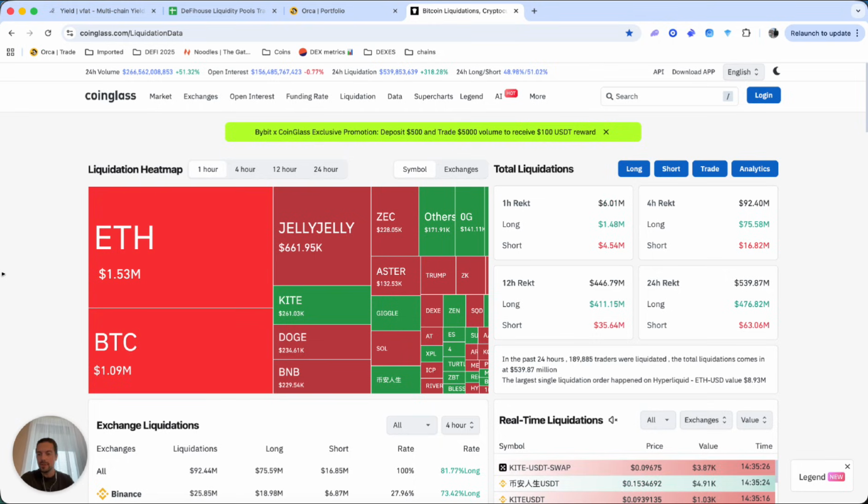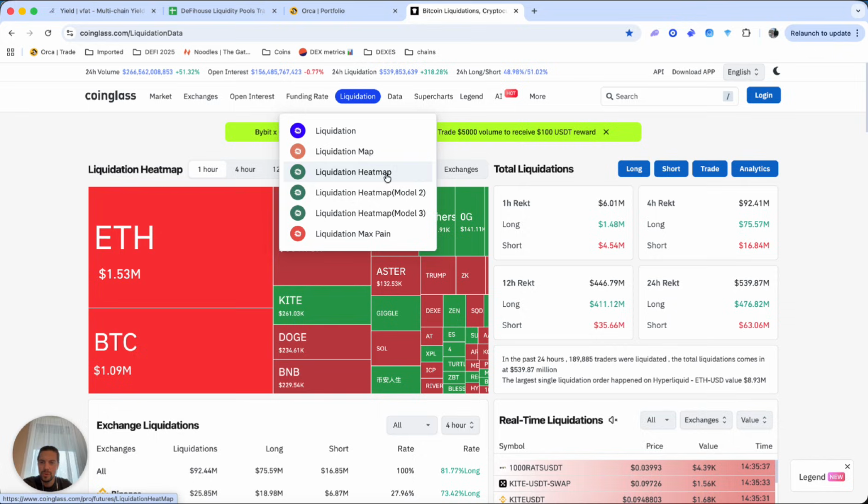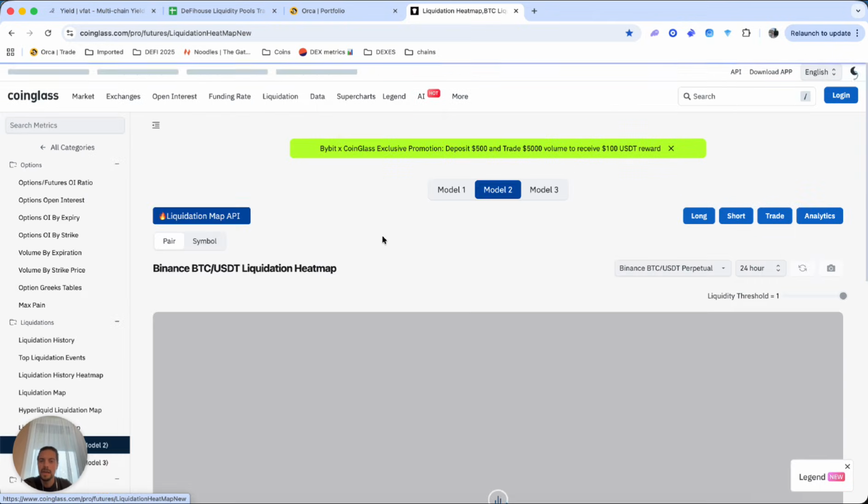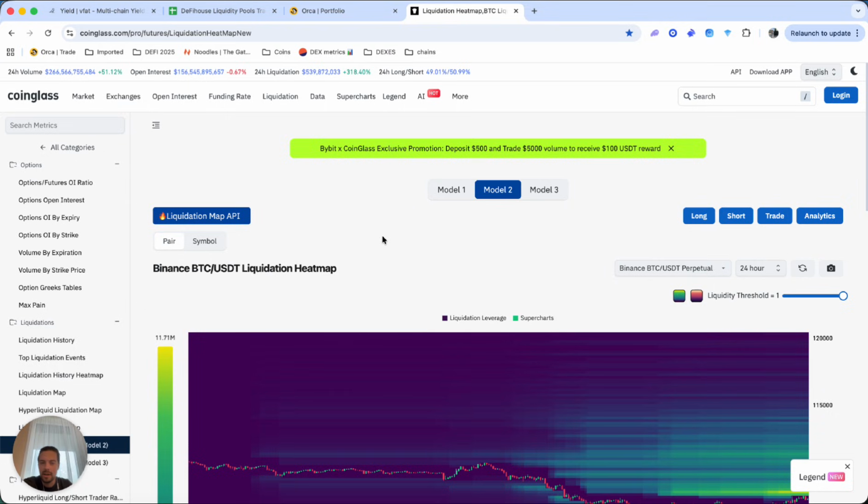So first of all, I am using CoinGlass as the main place to see general liquidations happening in crypto. You will go to CoinGlass liquidation, then you will choose the liquidation heat map mode, model 2. This is just the one I prefer.